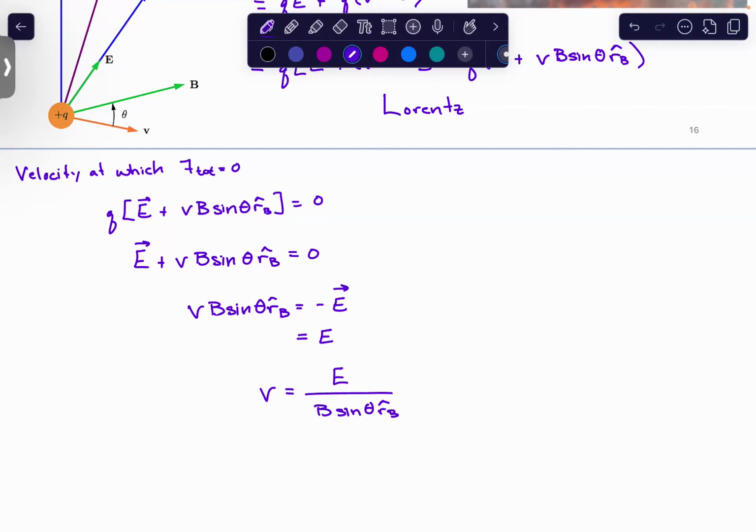Okay, what is the angle between the velocity, a particle moving with a velocity v, and the magnetic field? So the maximum force between that velocity and the magnetic field occurs at 90 degrees.